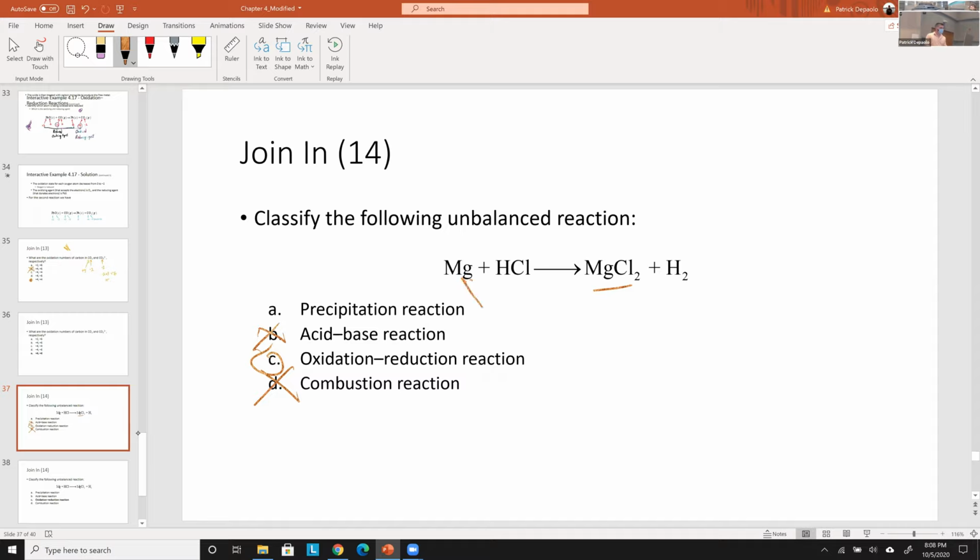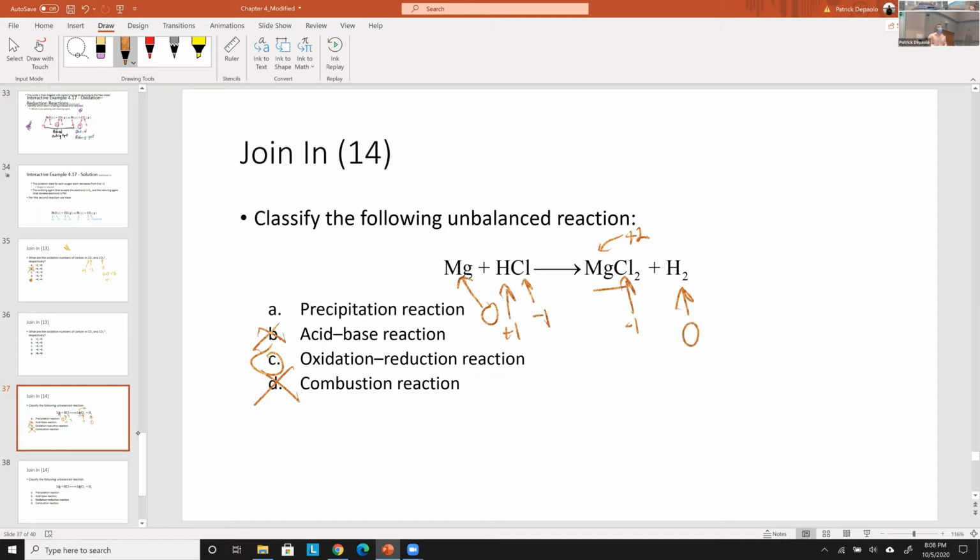Magnesium, let's do oxidation states just for the heck of it. Magnesium, what's the oxidation state? Good, 0. Cl, what is it? -1, and hydrogen, +1. Nice. Now Cl, what is it? -1. Magnesium, what is it? +2. Aha. And what's hydrogen now? 0.